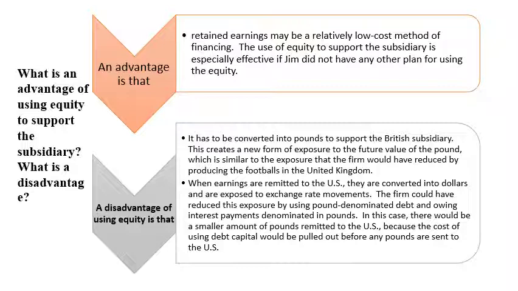The firm could have reduced this exposure by using pound-denominated debt and owing interest payments denominated in pounds. In this case, a smaller amount of pounds would be remitted to the US because the cost of using debt capital would be paid out before any pounds are sent to the United States.